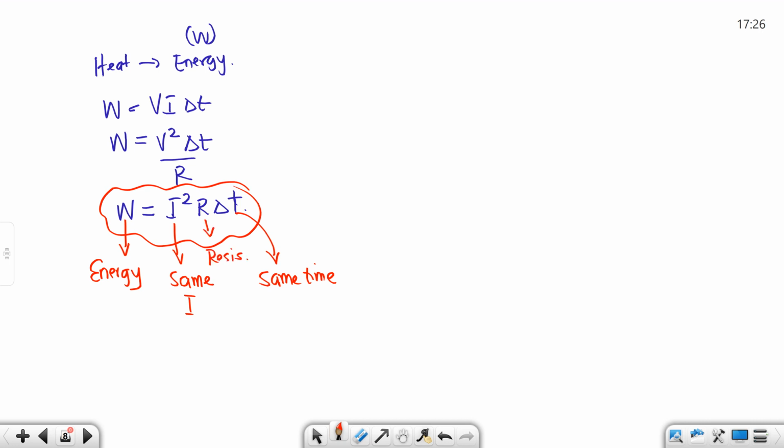And this is what? Resistance. Now, if you look at this formula, do you notice that for the same current and time frame, which is ΔT, W, which is the heat, is directly proportional to R. I don't know if that makes sense.